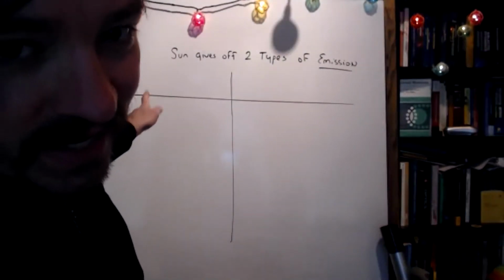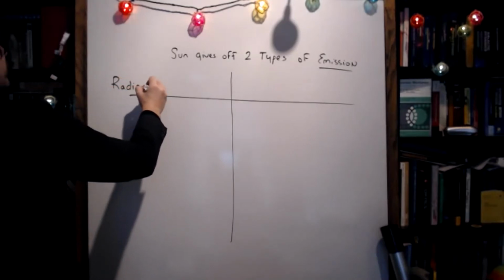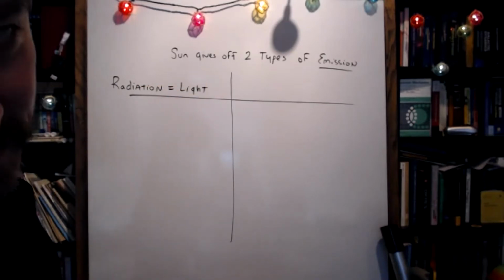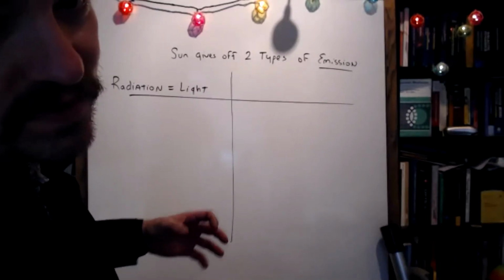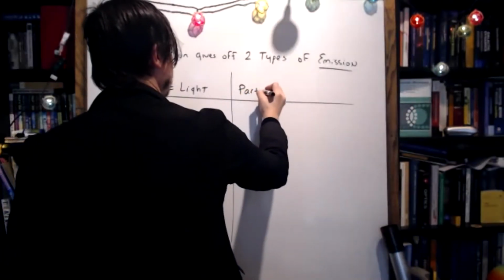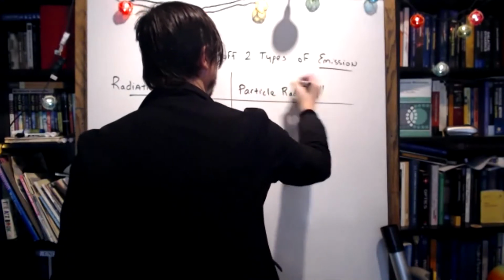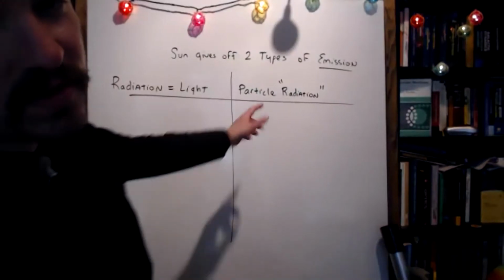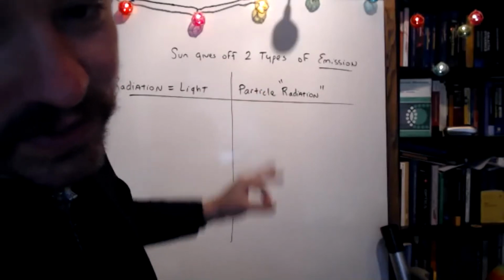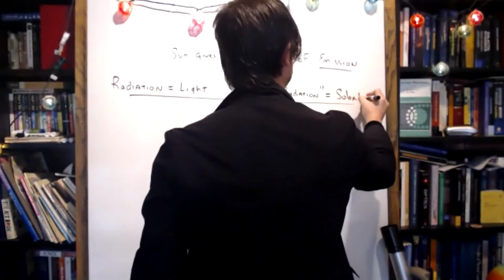There is radiation, and when an astronomer says radiation, they usually mean light. But the sun also gives off particle radiation or particle emission. Here, I want to put the radiation in quotes because radiation means different types of things depending on who you're talking to. The particle radiation of the sun is called the solar wind.